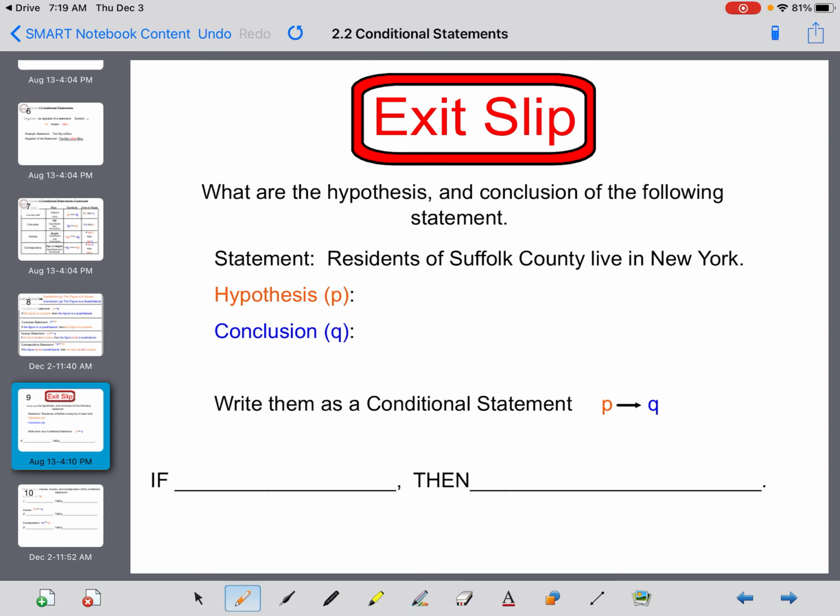We're going to leave the if out for now. The hypothesis is residents of Suffolk County. The conclusion is live in New York.